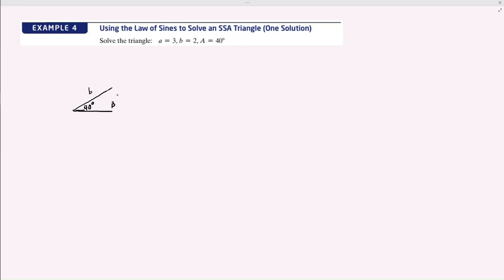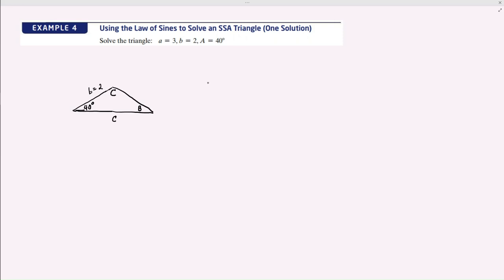Now I need for the length 3 to be longer than the side of length 2. So that's going to put it over here, something like this. And that leaves us with C, and its unknown length on the opposite side, little c.